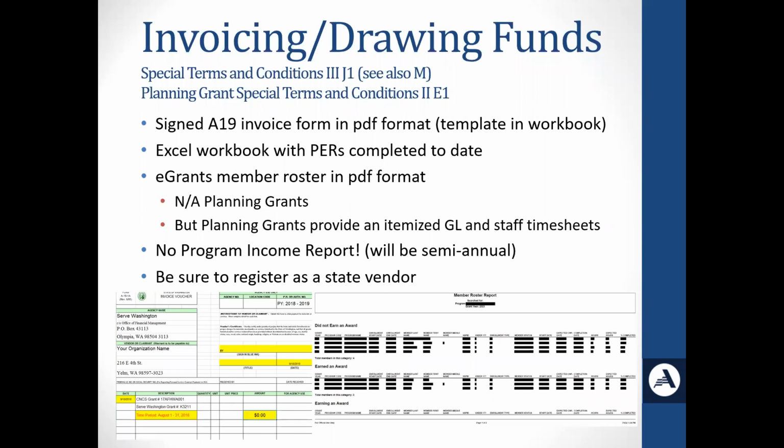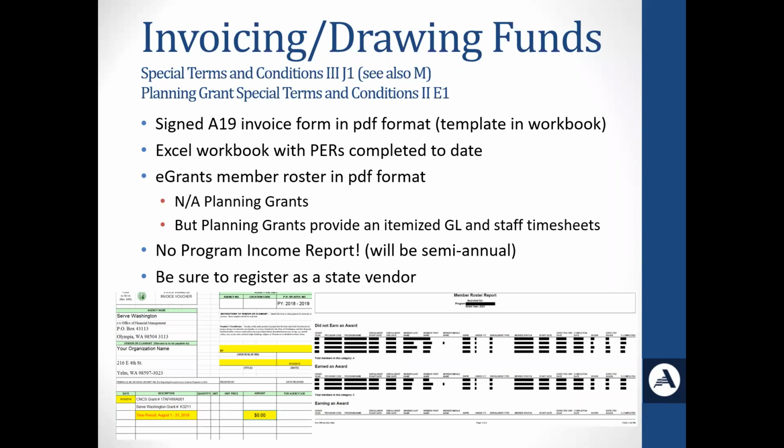All right, so our process for invoicing. So this is not wildly different than it's been all along, but we've made some changes. So you'll get your workbook, you'll have the A19 template in your workbook.